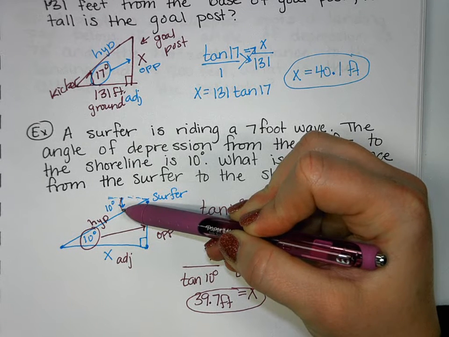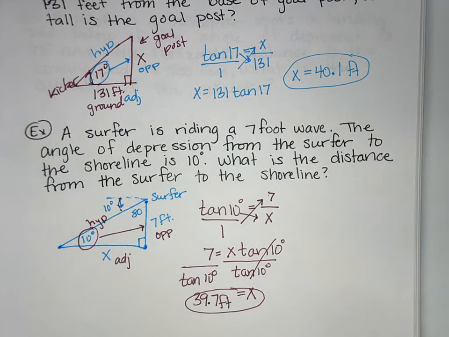So the dotted line would be if you were looking straight. Because we're 7 feet in the air, when we look to see the shoreline, we have to put our eyes down a little bit. And so we put them down 10 degrees. So the shoreline is over here.